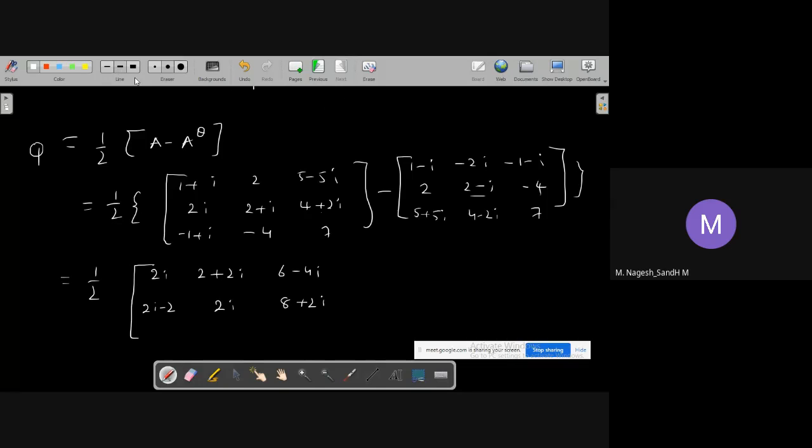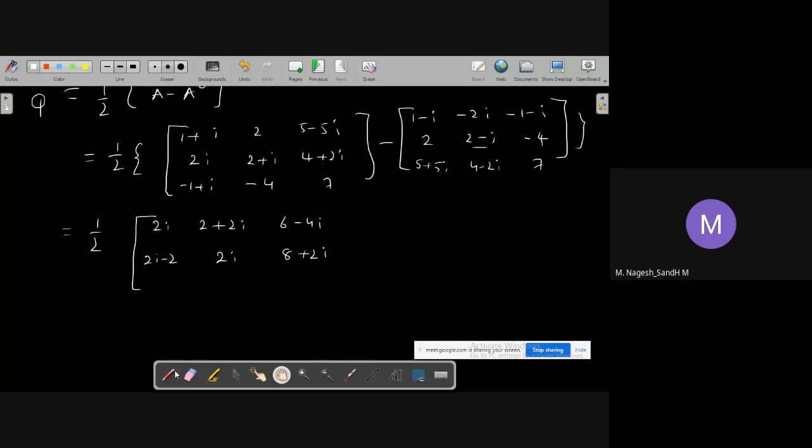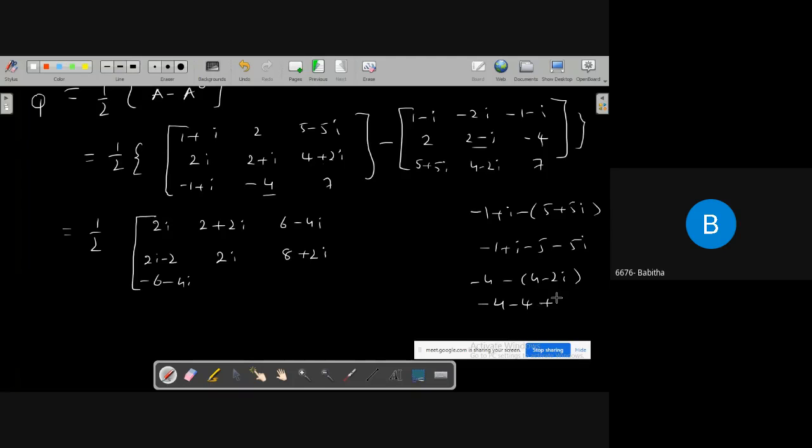Next, third row, minus 1 plus i, minus of 5 plus 5i. So what is the value? Minus 6 minus 4i, very good. Next, minus 4 minus of 4 minus 2i, so minus 8 plus 2i, very good.